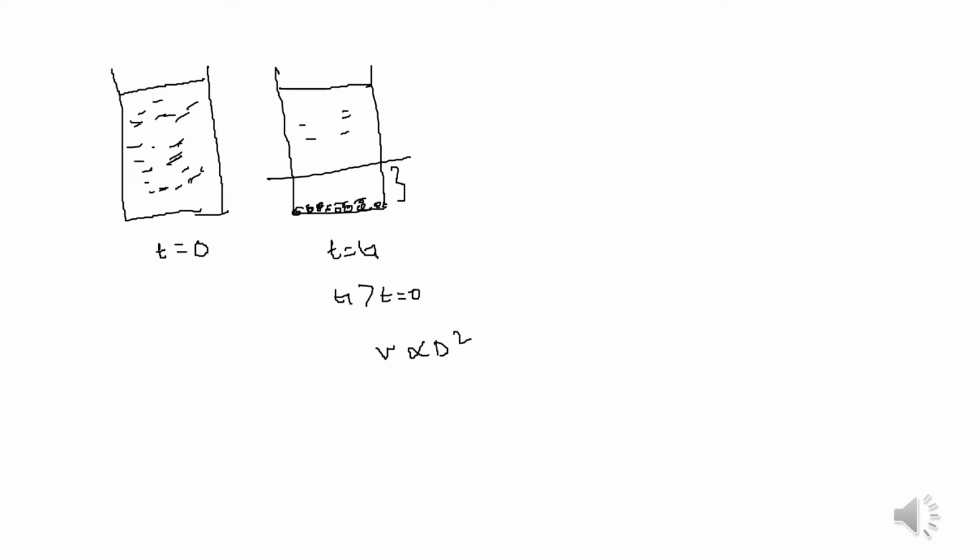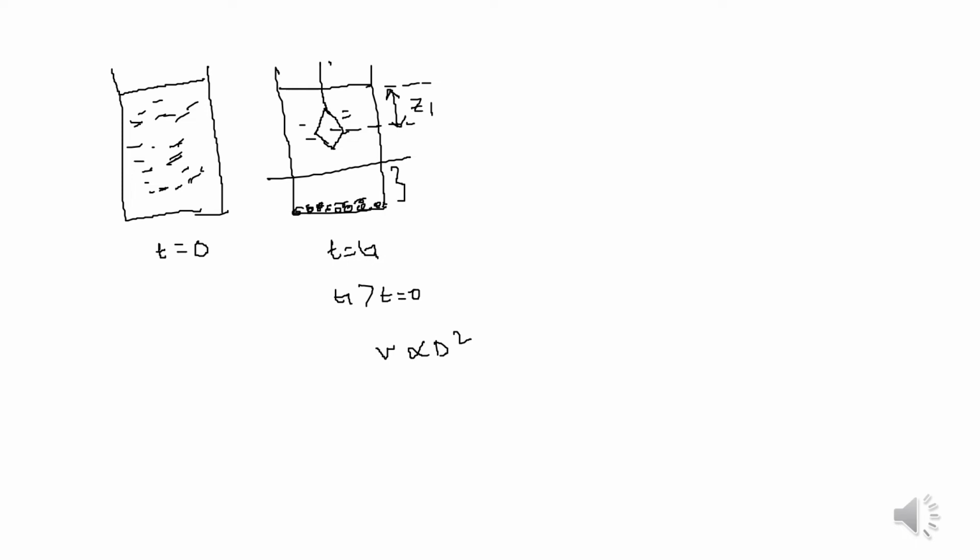Usually at time equal to T1, my hydrometer is immersed, right? Let the depth from the center of the bulb of the hydrometer to the surface of the soil suspension be Z1.